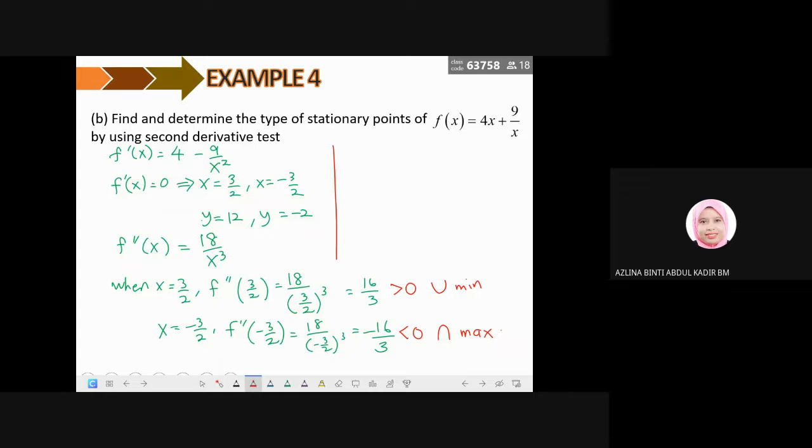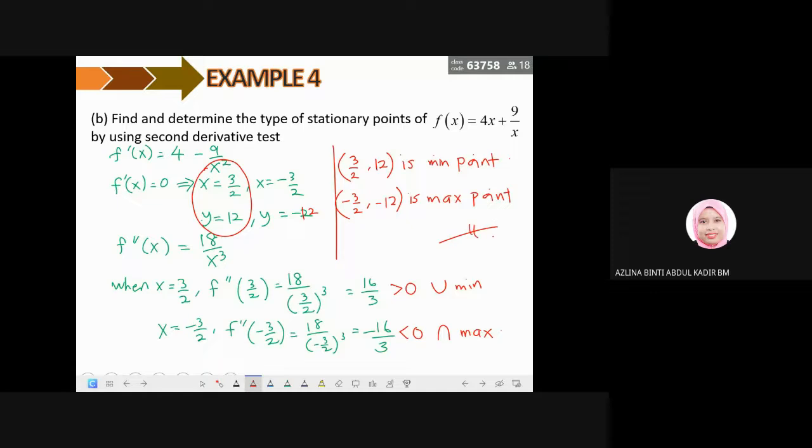So tulislah. Thus, point 3/2, 12 is minimum point. Okay, and then point negative 3/2, negative 12, sorry, negative 12 ni. Okay, is maximum point.